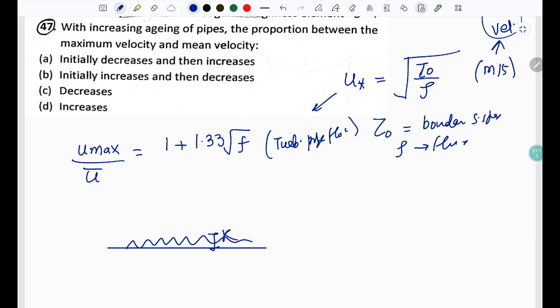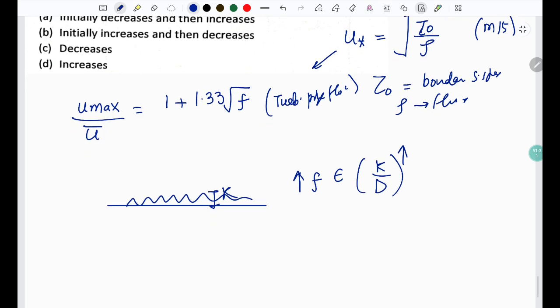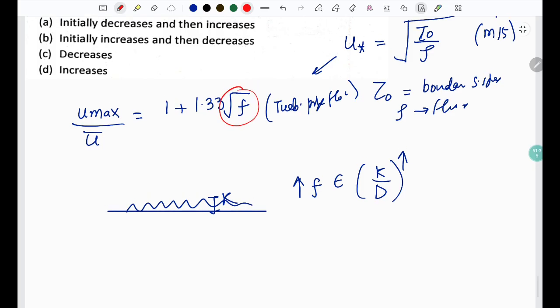And how does it affect the friction factor? We know that friction factor is dependent upon the relative roughness, K by D ratio. So as K increases, friction factor also increases. And as friction factor increases, this proportion increases.